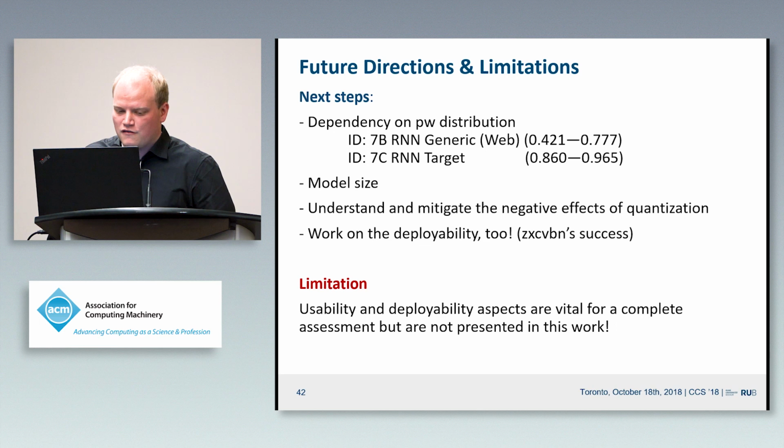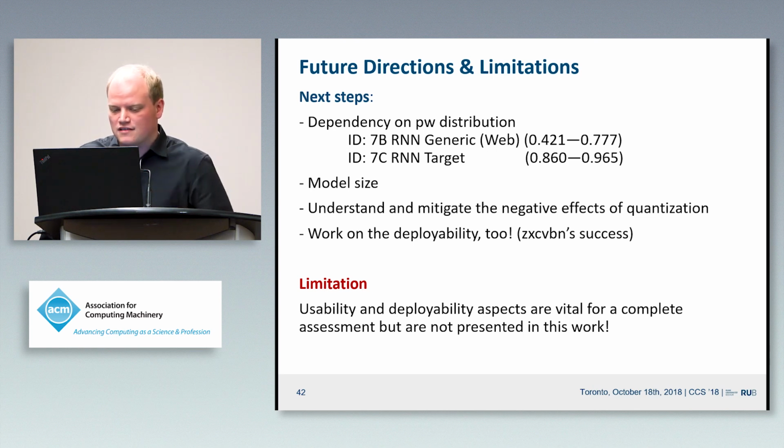What have we learned? First of all, as academics, we should work on reducing the dependency on the password distribution. That means that we build password strength meters that work with any password you give them. I mean, it's a high goal, we know, but you can see a good example with the recurrent neural network. There's the variant that is generic and the variant that is target. What is meant by that?